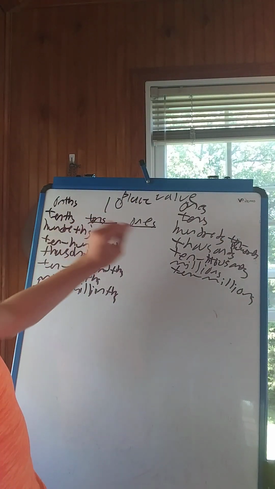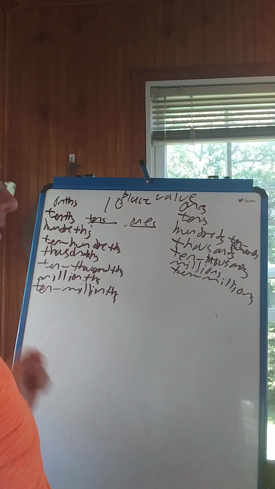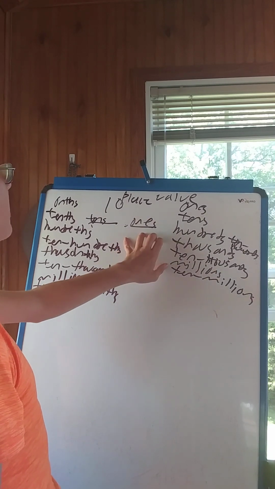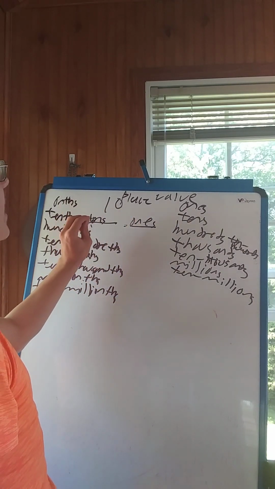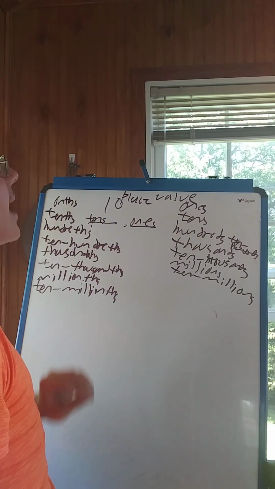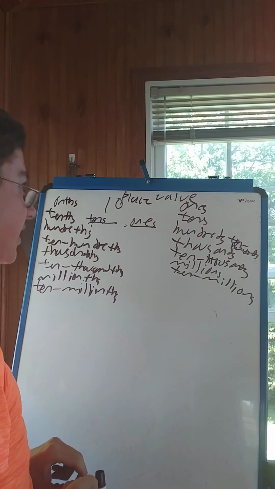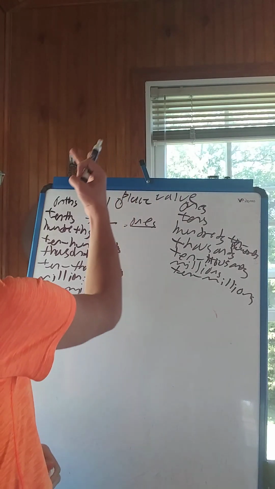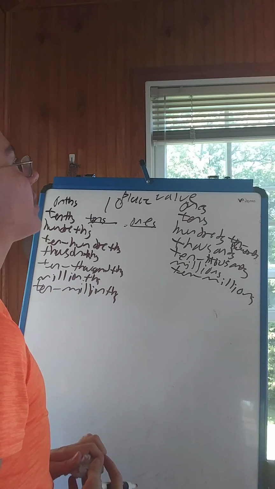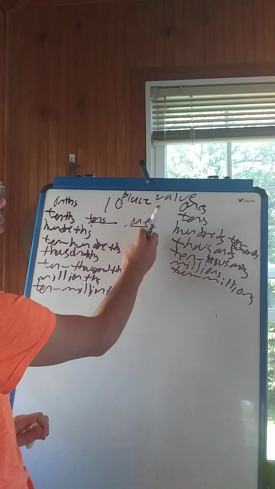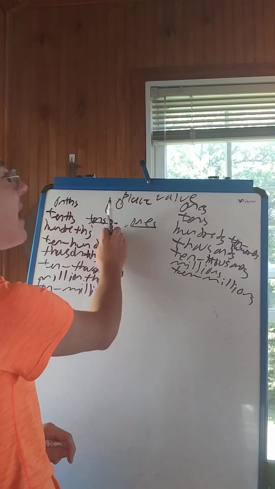So going from right to left, the 0 would be in the ones, and then the 1 would be in the tens. But it also depends upon the word and then the order of that word. So this is the ones, and this is the tens place.